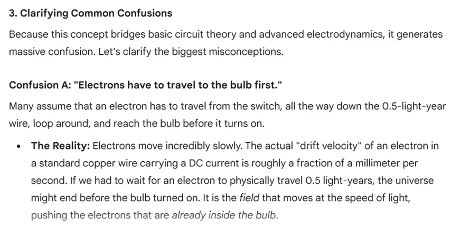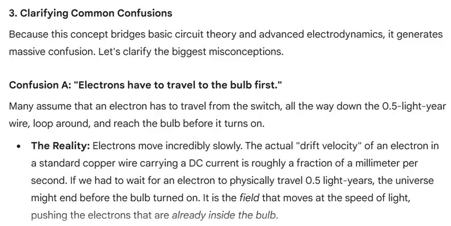3. Clarifying common confusions. Because this concept bridges basic circuit theory and advanced electrodynamics, it generates massive confusion. Let's clarify the biggest misconceptions. Confusion A. Electrons have to travel to the bulb first. Many assume that an electron has to travel from the switch all the way down the 0.5 light-year wire, loop around, and reach the bulb before it turns on.